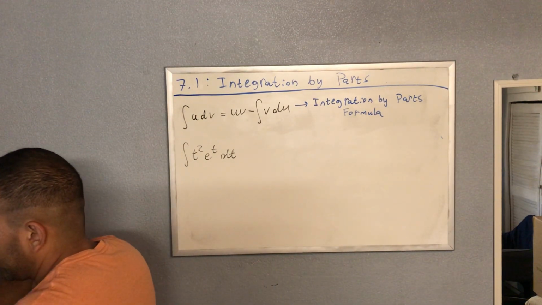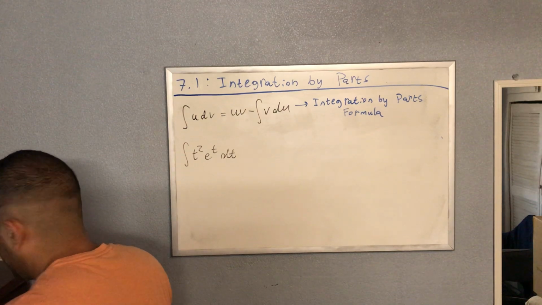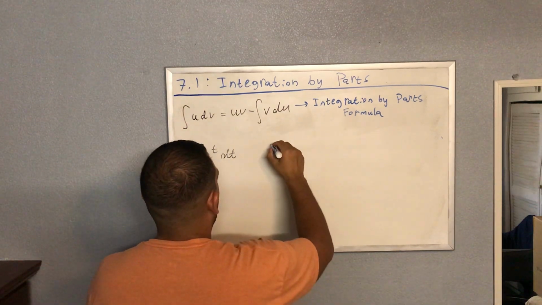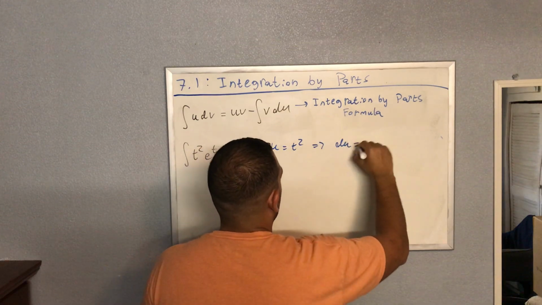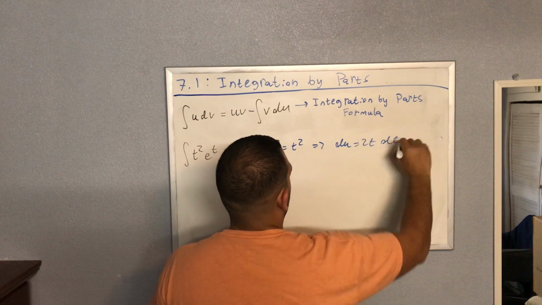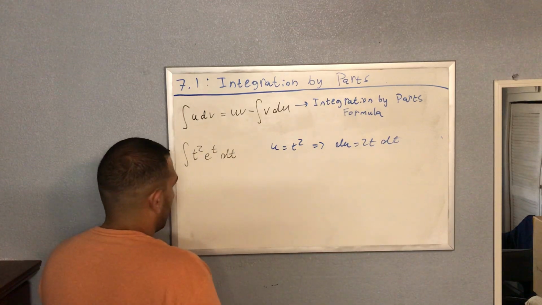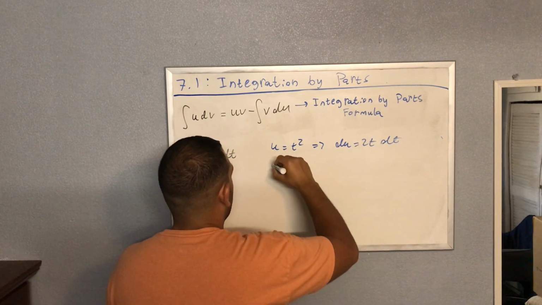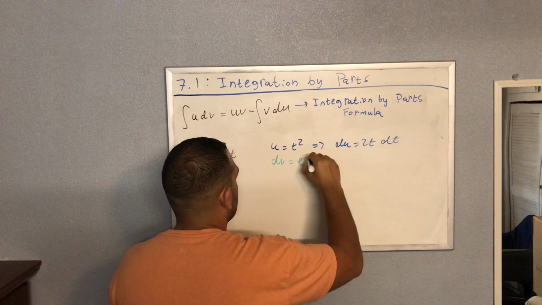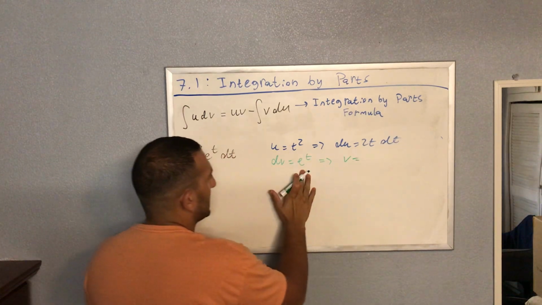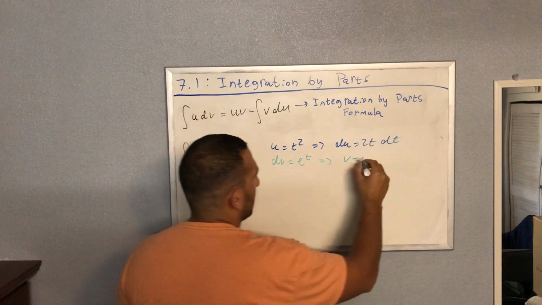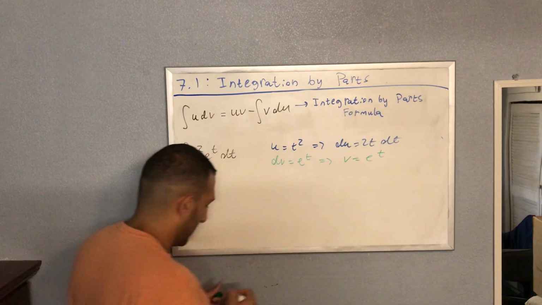So we're going to say u is t squared, which means du is 2t dt. And then the guy that we're integrating, dv is e to the t. Well, if you integrate this, you get v is, what's the integral of e to the t? It's itself. Okay.